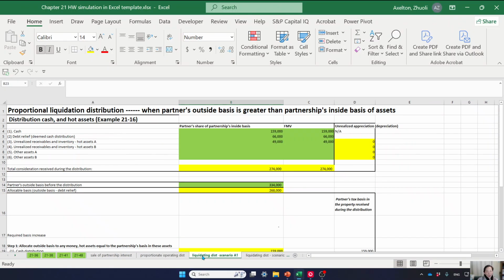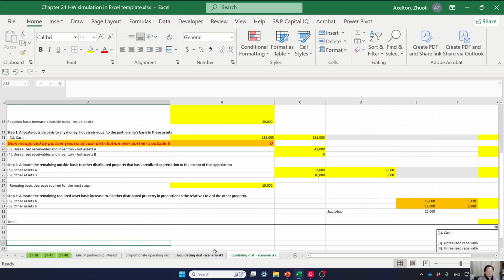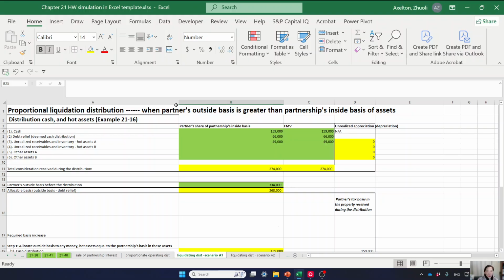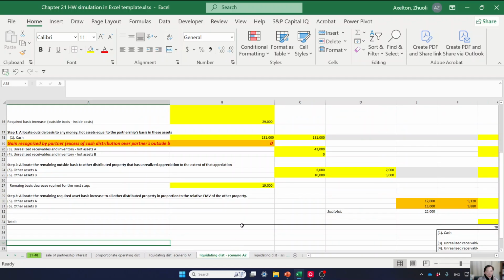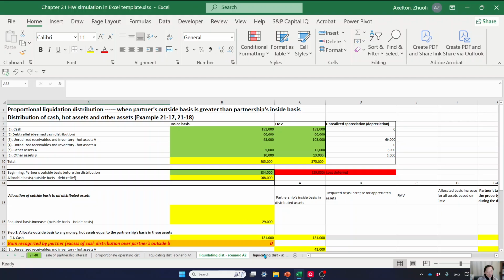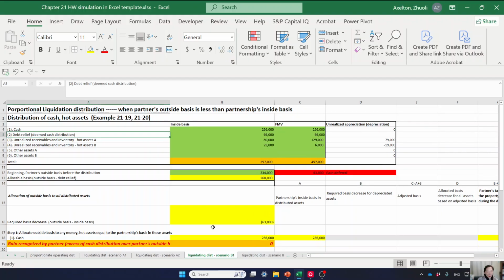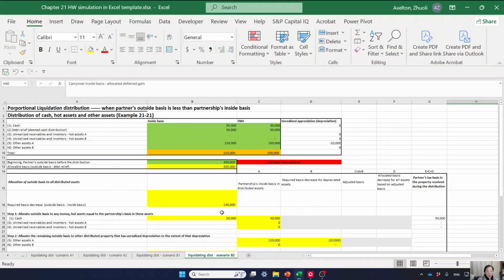In that case, you can see here I built a template for four scenarios for liquidation distribution, scenarios A1 and A2, which represent when the partner's outside basis is greater than the partnership's inside basis of the assets, and scenarios B1 and B2, which represent when the partner's outside basis is less than the partnership's inside basis.